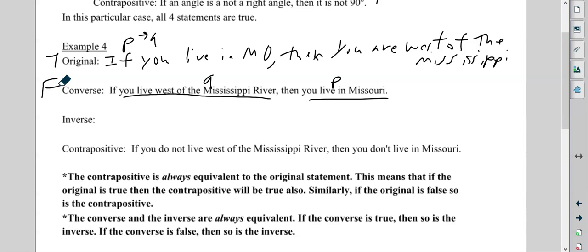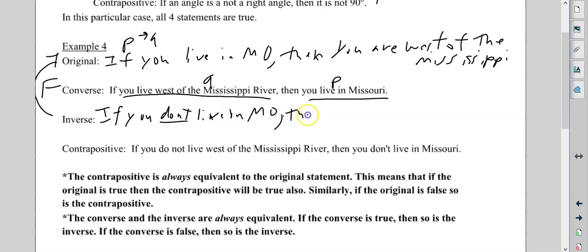Inverse. Okay, remember, the inverse is a negation of the original, which I just screwed up. So if you don't live in Missouri, there's a negation, then you are not west of the Mississippi.